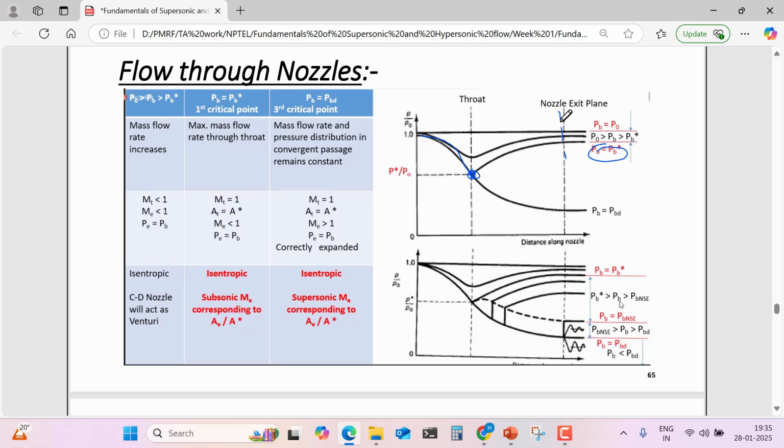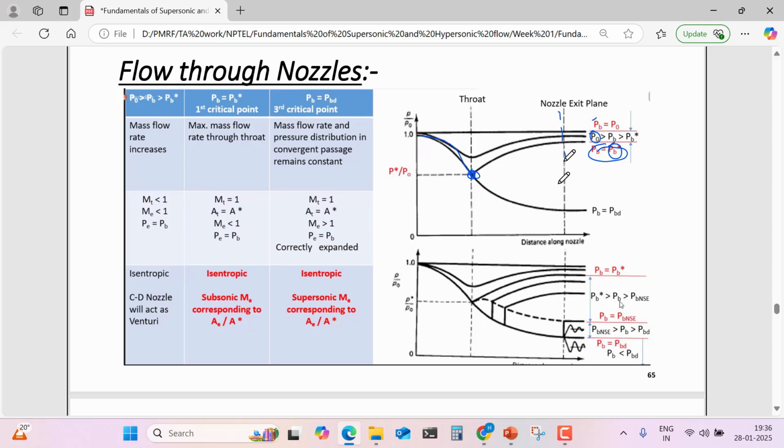We have seen that there are two solutions for the area ratio, one subsonic, the other supersonic. Currently it is subsonic because the back pressure is not that low, and the exit pressure will be equal to the back pressure. Flow is fully isentropic and subsonic. If the pressure is between this P naught and the first critical point, it will also always remain subsonic.